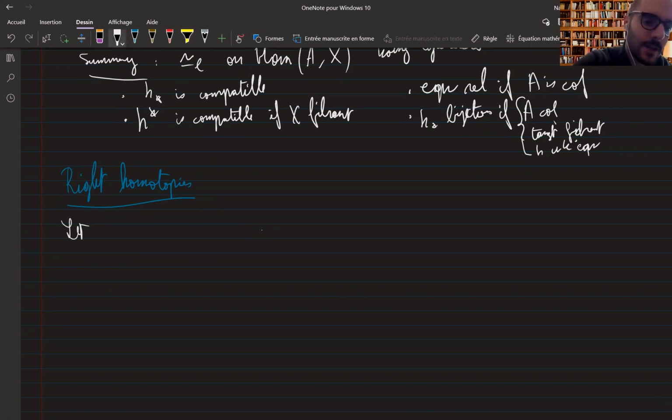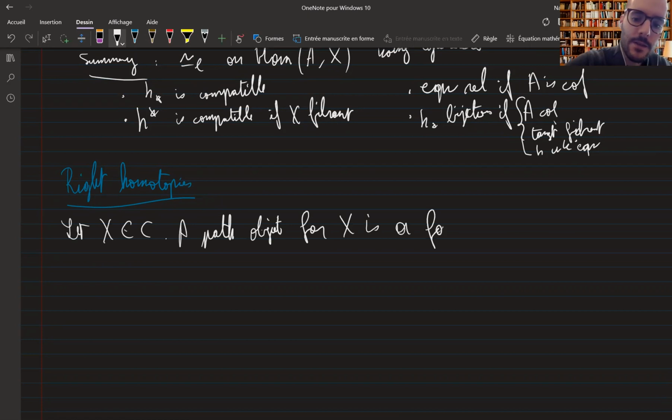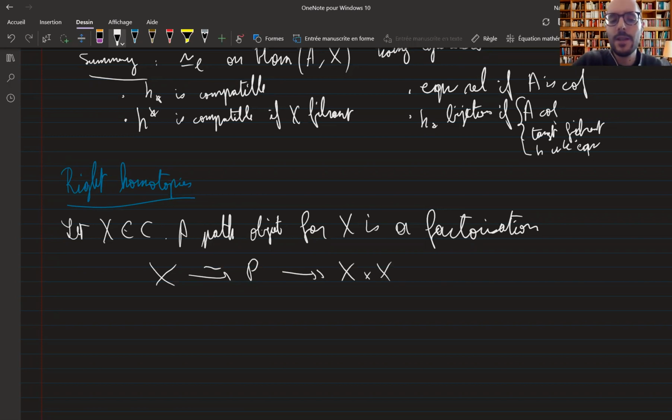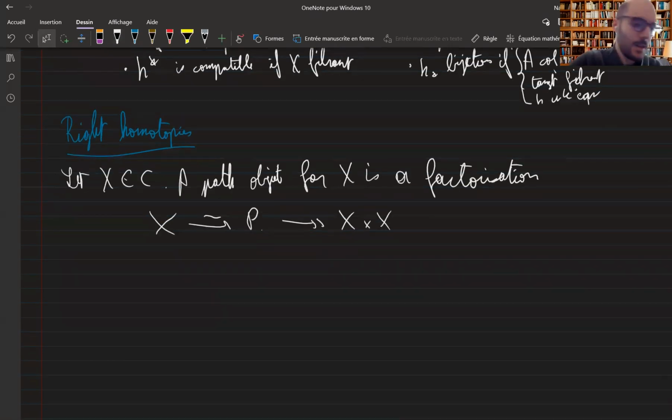So let X be some element of C. A path object for X is a factorization: X goes by an equivalence to some P, as in path, of course, and then a fibration to X cross X. If you think about what a cylinder is, this is completely dual: the composite is the map given by the identity on both factors. These two projections we can call pi 0 and pi 1.